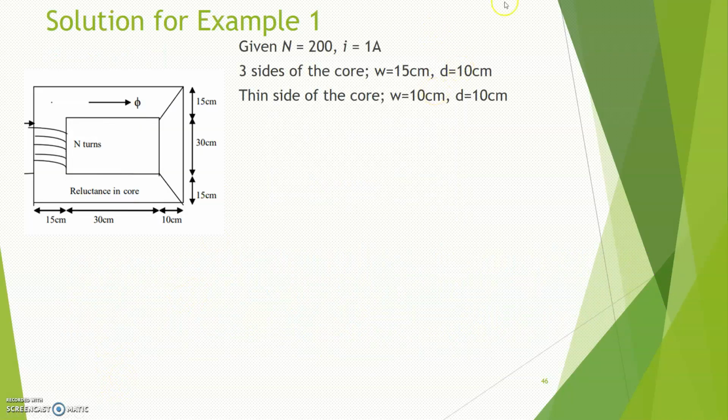From the question, you know that your N turns is 200 and your current I is equal to 1 ampere. You have three sides of the core with a width of 15 cm and a depth of 10 cm.